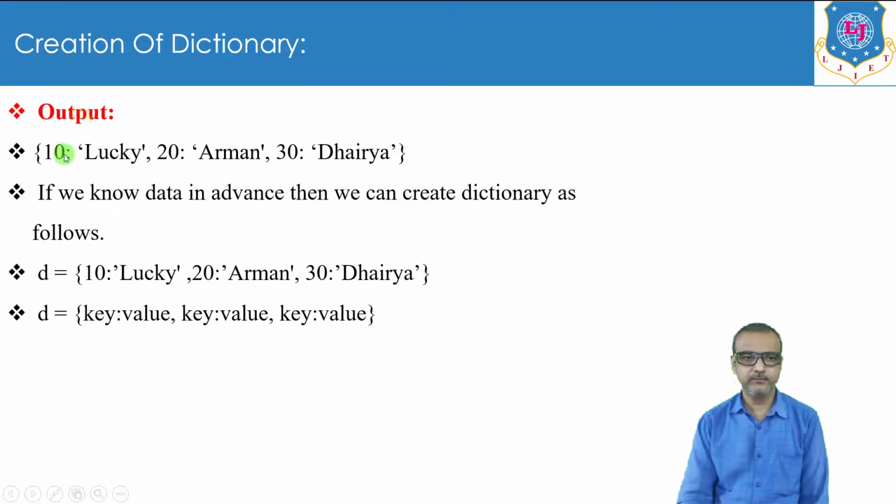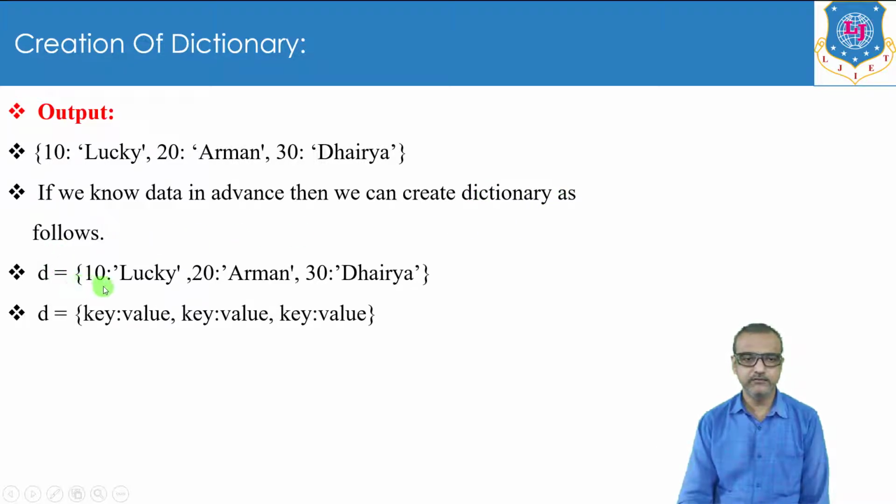See, this is the output. In key number 10, we have value lucky. In key number 20, we have value Arman. In key number 30, we have value Darya. If we know data in advance, then we can create dictionary as follows.